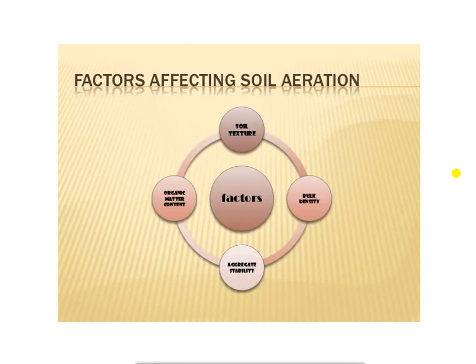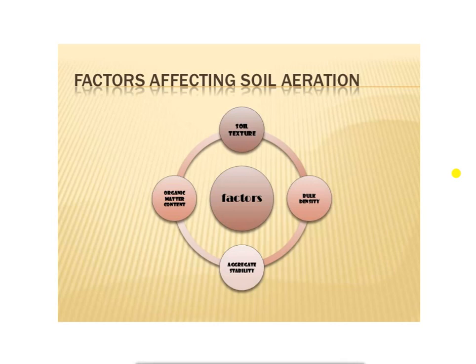Next most important topic is factors affecting soil aeration. First, you have to analyze the different factors which affect soil aeration. The first and most important factor is soil texture. Second, bulk density; third, aggregate stability; and fourth, organic matter content.